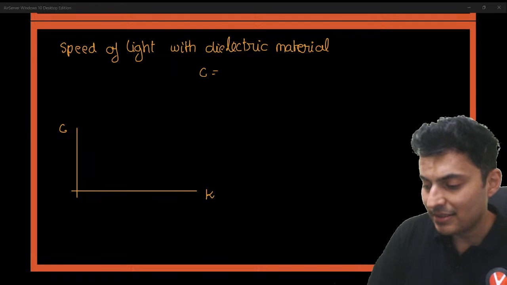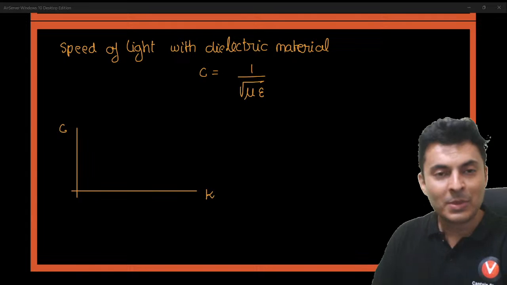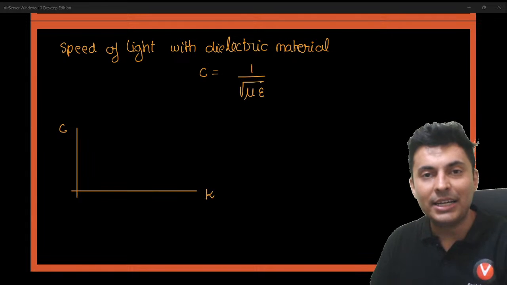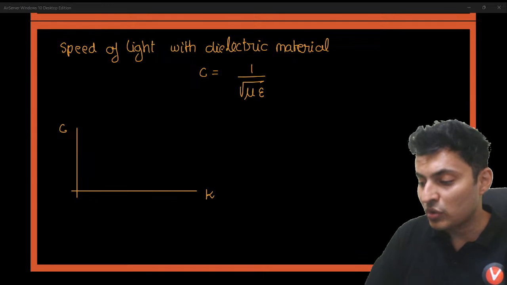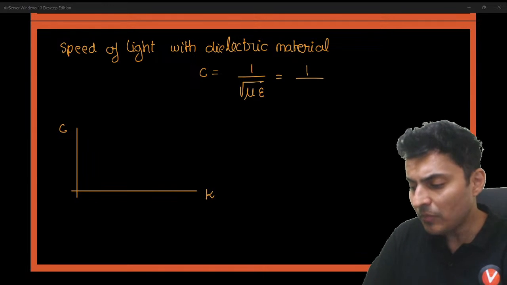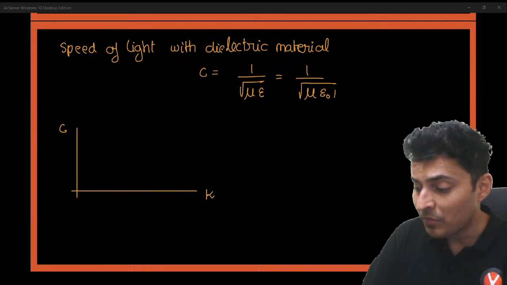Well, the formula is 1 by root mu epsilon. What is this mu? Permeability of the medium. What is this epsilon? Permittivity of the medium. So, remember one thing. The permittivity of any medium is permittivity of vacuum into the dielectric constant.